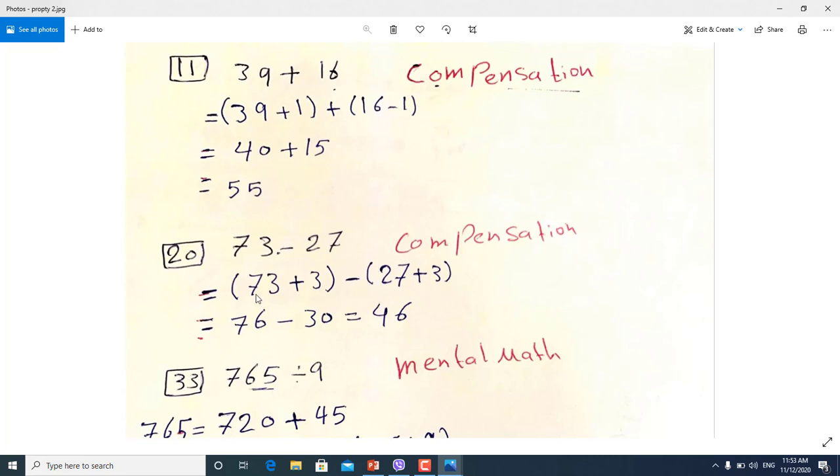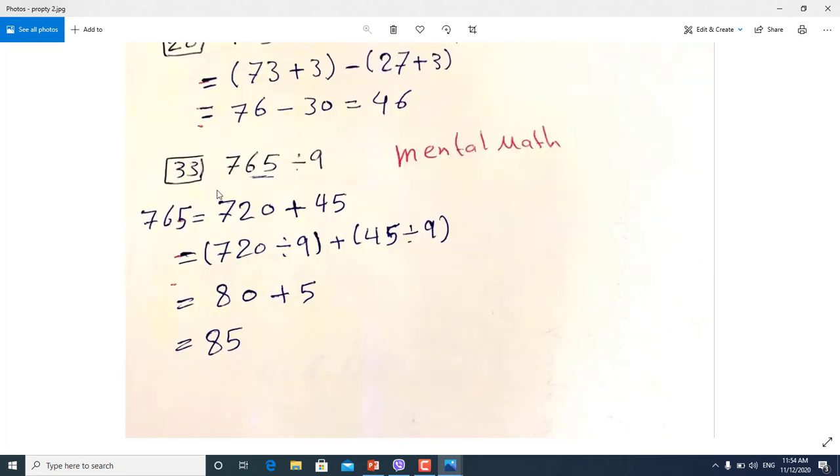After that, we will solve. In parentheses we have 73 plus 3 it's 76, and minus, and 27 plus 3 it's 30, and 6 minus 0 it is 6, 7 minus 3 it's 4. So we get 46.